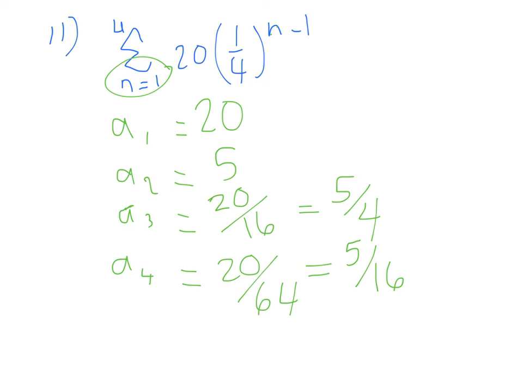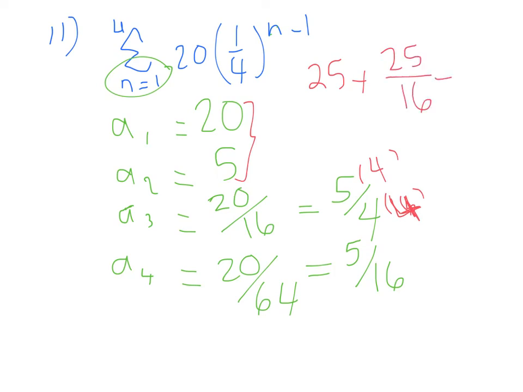And you just add them, and it's not going to be fun, huh? Well, 20 plus 5 is 25, plus, if you want to get a common denominator of 16, you'll have 25 over 16, and it's kind of a pain, but it's possible.